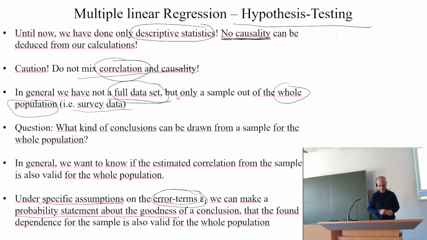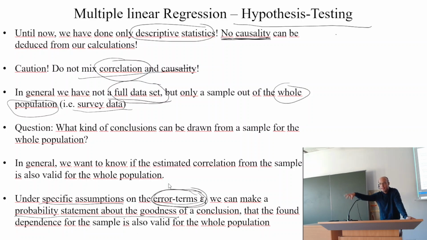And what we want to do now is to discuss assumptions, especially about the dispersion of these error terms, so that we can statistically make a statement that maybe I can rely on my outcome of my linear regression with 95% or something like this.